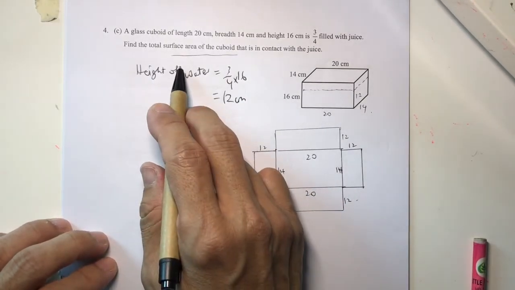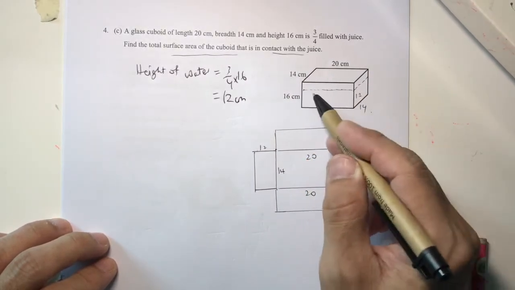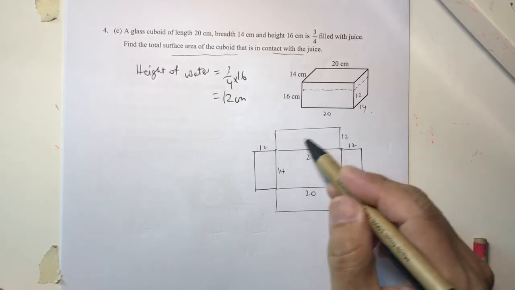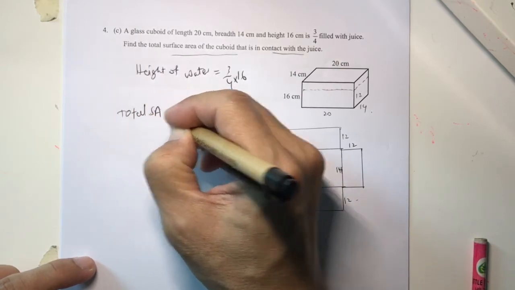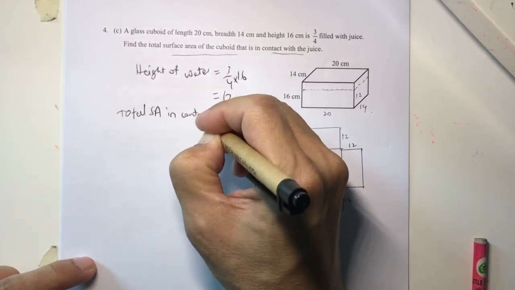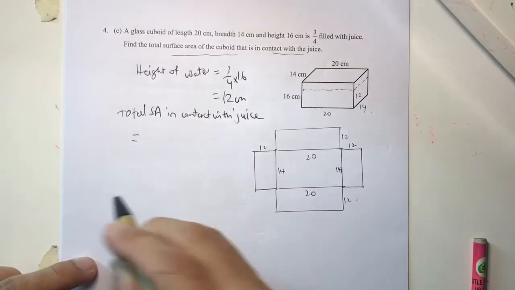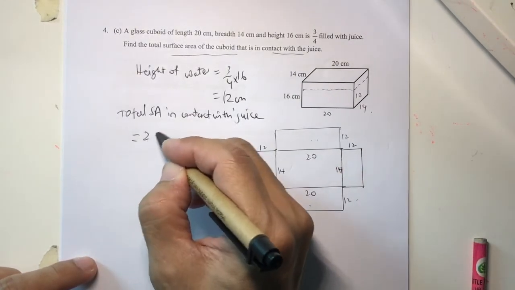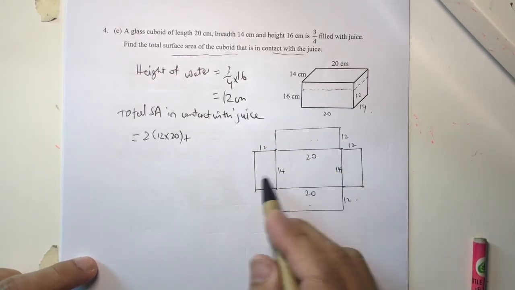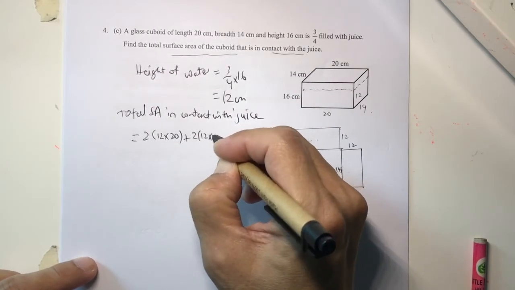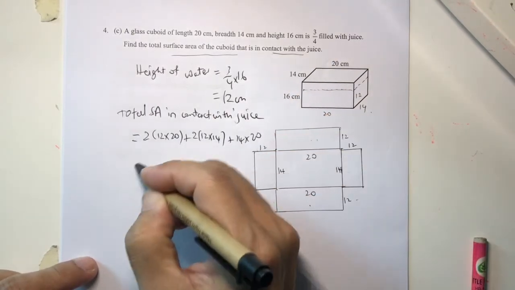Therefore, to find the surface area in contact with the juice, there's no top, so the sides here are open up to look like this, and therefore the total surface area in contact with the juice is simply 2 of 12 times 20, 2 of 12 times 14, and the base, which is 14 times 20.